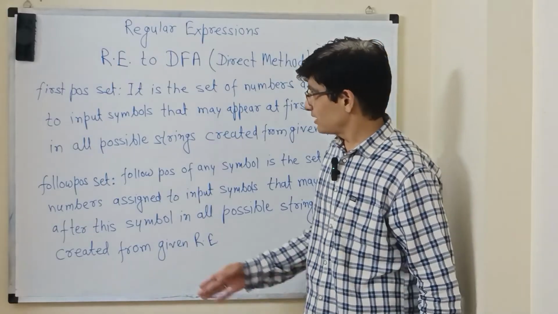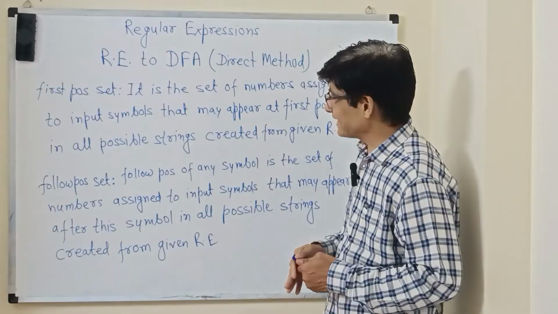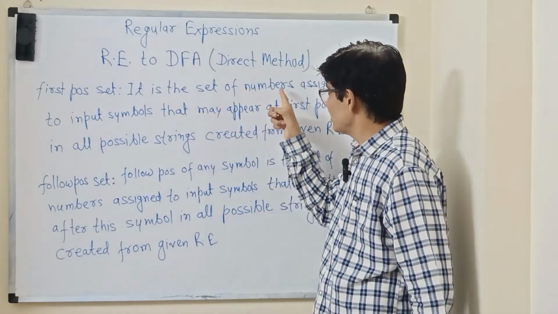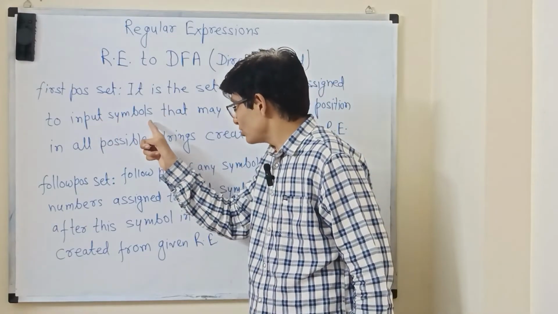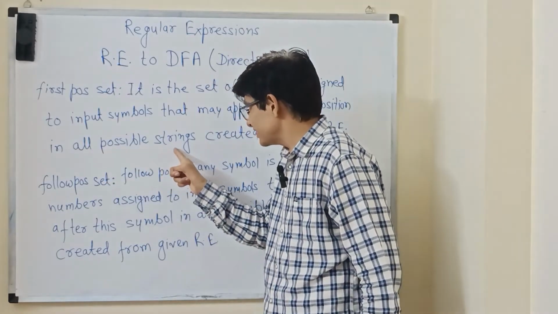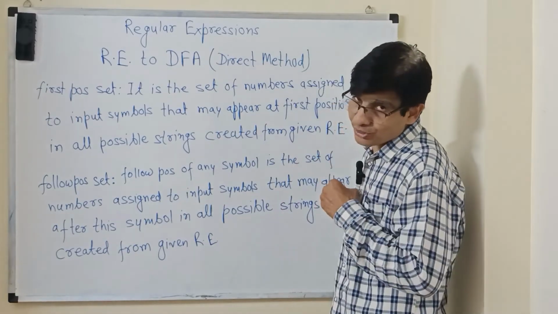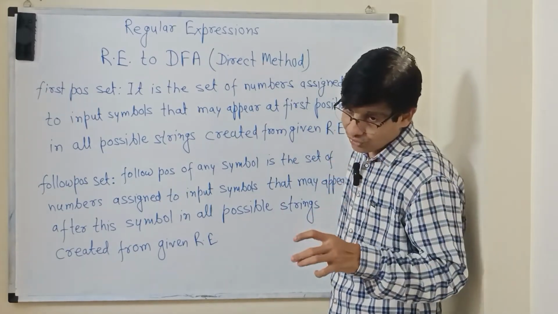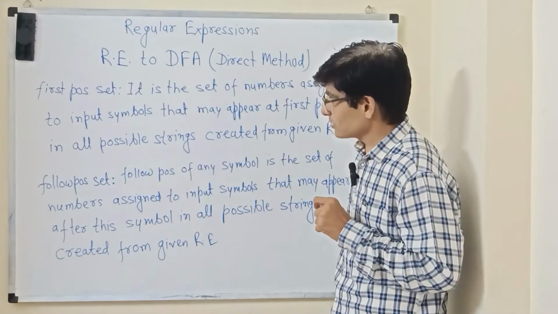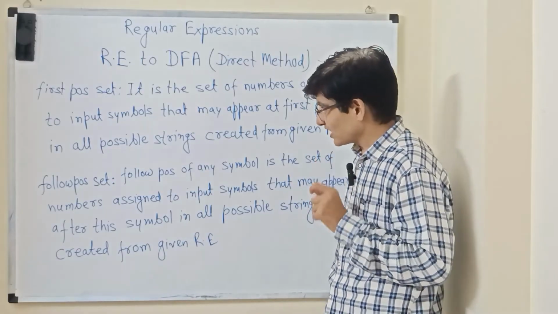You can see here what the firstpos and followpos sets are. The firstpos set is the set of all numbers assigned to input symbols that may appear at the first position in all possible strings created from the given regular expression. So firstpos is found for the complete regular expression; only a single firstpos we will find for the regular expression.